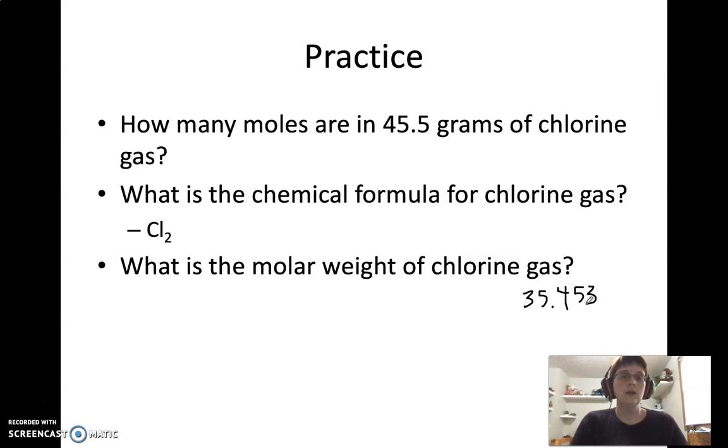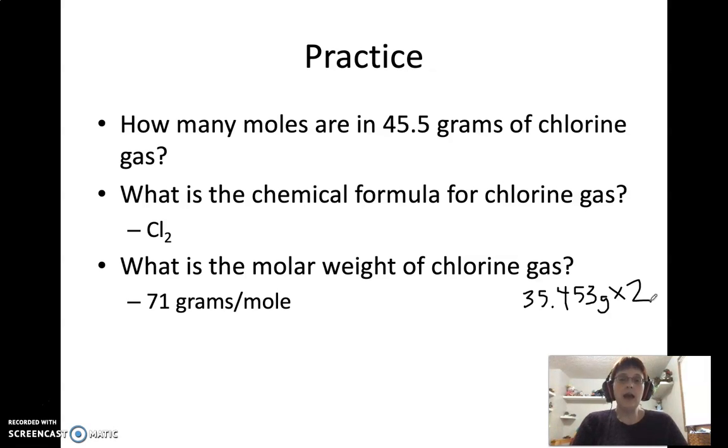That's not the molar mass. Remember, that's the atomic mass, in grams per atom, because the atomic mass from the periodic table is per atom. So what do we need to do with this? We need to multiply it by 2. When you do that, and I rounded, you get 71 grams per mole for the molar mass.